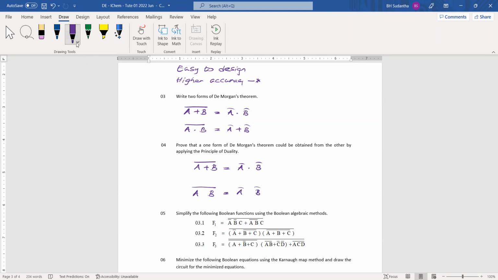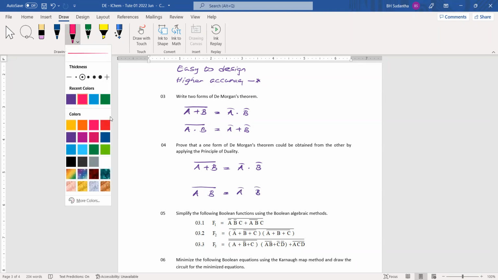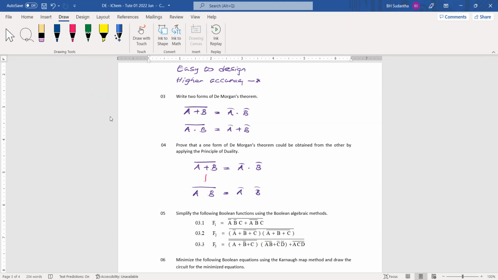And what are the things we're going to change? Applying principle of duality, we have to change this plus to dot and this dot to plus. Then you have the other one. You're starting from this one. Then when you apply principle of duality to this one, we receive the second one.